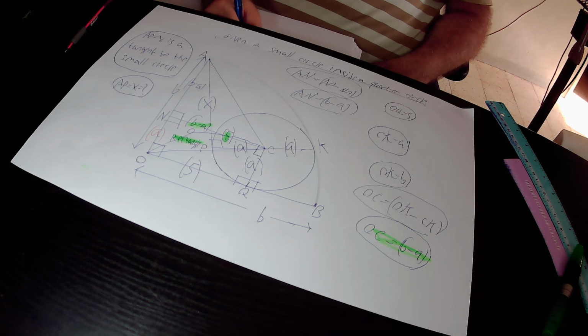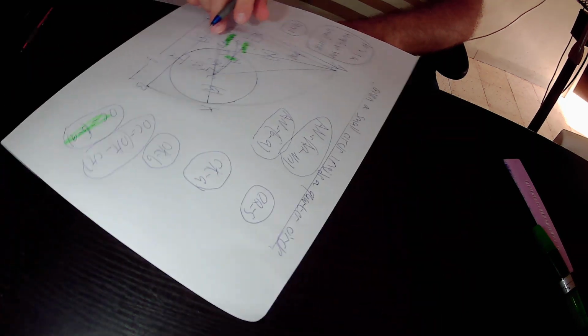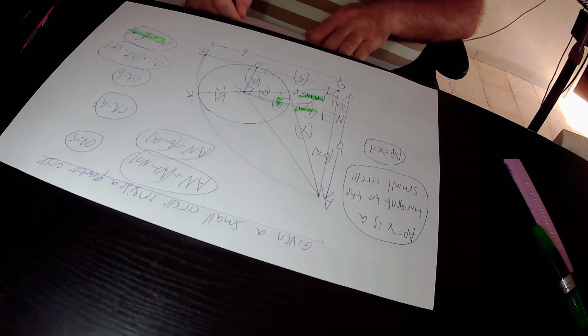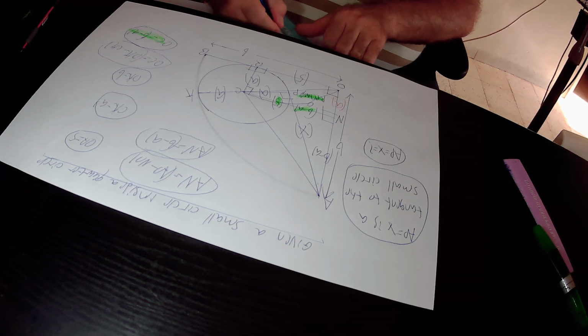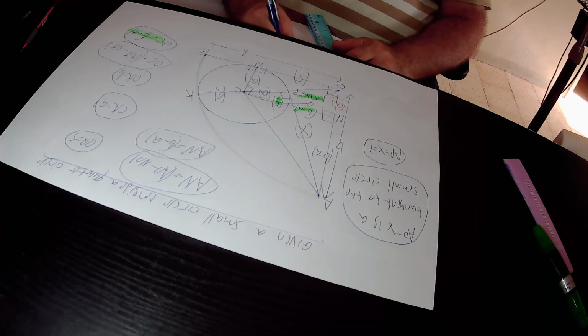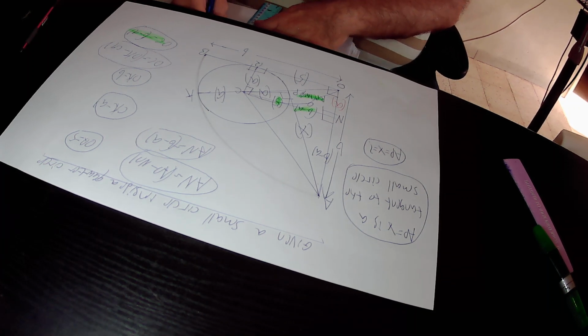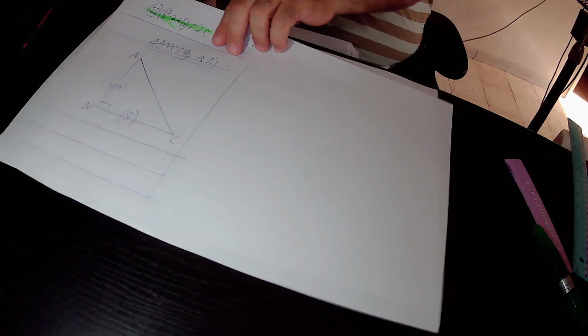Here PT is the abbreviation for Pythagoras theorem. So actually, this is the right triangle ANC that I copied from the original drawing.